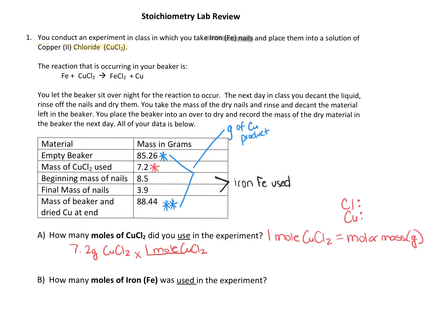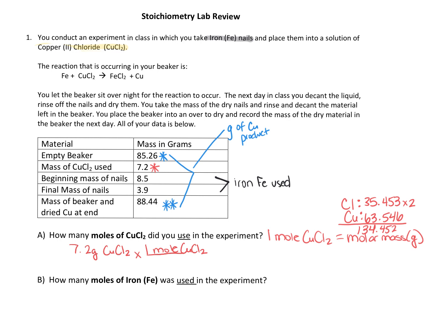So take a minute, pause the video, and calculate the correct molar mass that we're going to use in this conversion factor. Don't forget when you do that you're going to have 2 chlorines and 1 copper in that formula. So our molar mass is 134.452 grams in 1 mole of copper chloride.